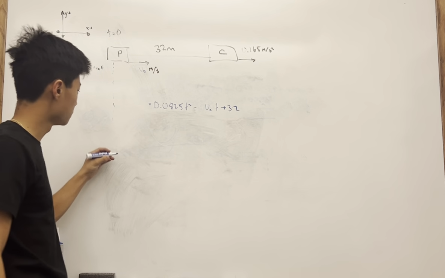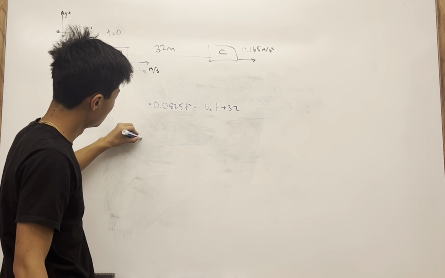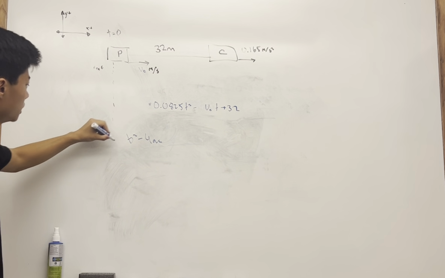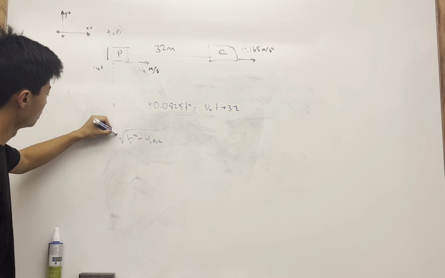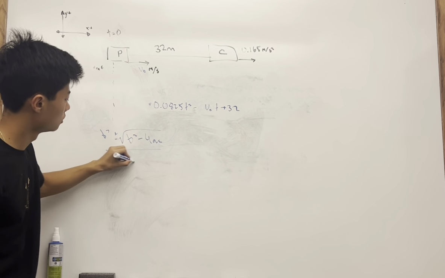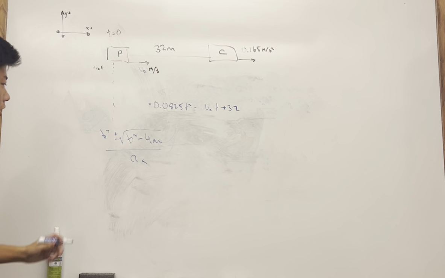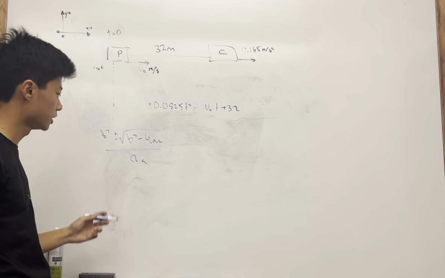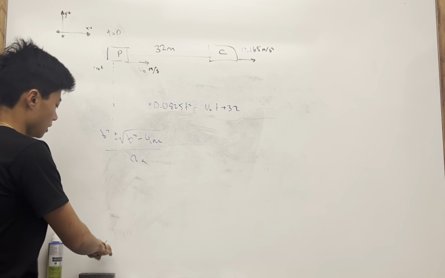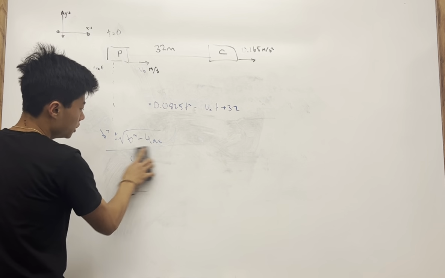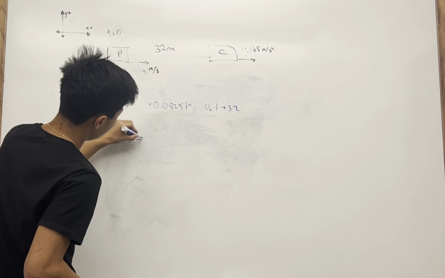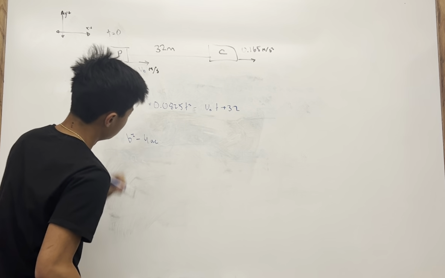We use the discriminant, b squared minus 4ac. Do you remember the quadratic formula, which is negative b plus or minus the square root of b squared minus 4ac, all over 2a? The discriminant only uses b squared minus 4ac.